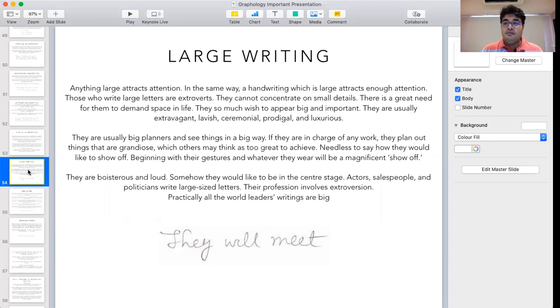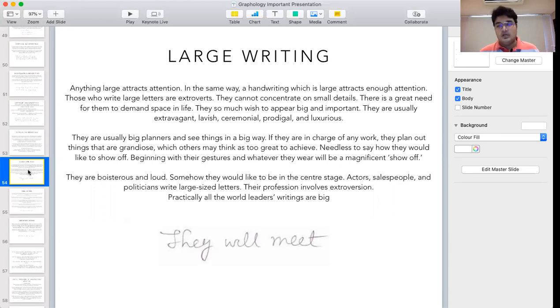Being around people, people loving them, receiving a lot of appreciation is their oxygen. So they are usually big planners, and see things in a very, very big way. If they are in charge of any work, they plan out things that are grandiose, which others may think are too great to achieve. Needless to say, how they would like to show off.